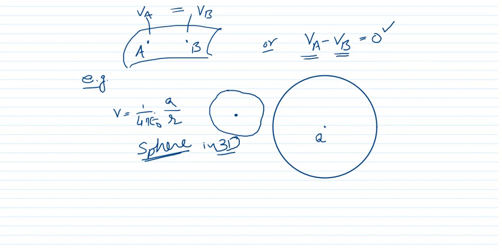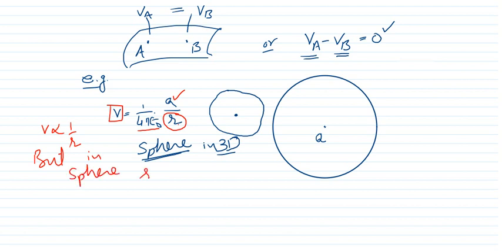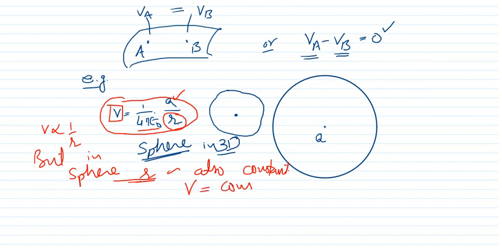In this expression, except R, 1 upon 4 pi epsilon naught is constant and Q is constant, so therefore V depends upon R only. V is inversely proportional to R, but in a sphere R is also constant. As R becomes constant, from this expression V will become constant.